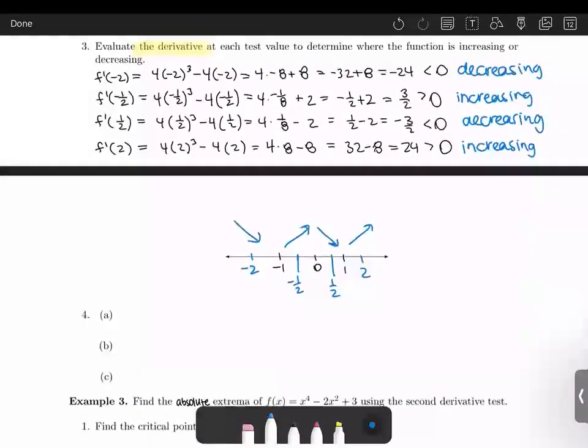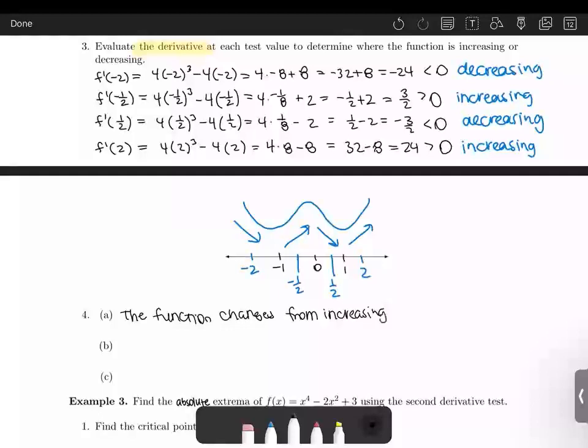We can see that it looks like the function goes something like this. So this can tell us where our maximums and minimums are. So first off, we can see where does the function change from increasing to decreasing. The function changes from increasing to decreasing at x equals 0.